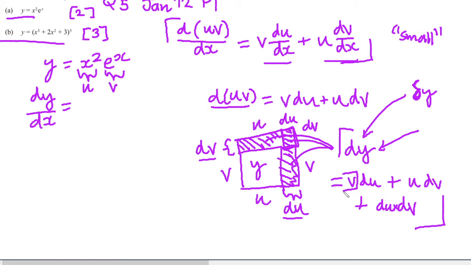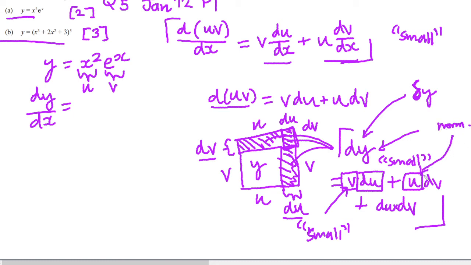So v is a typically sized number, like maybe 2 or 8 or 16, and du is a small number. So this is small. And at the same time, u is a reasonably normal sized number, and dv is small. So this number is small, this number is small, and this number is also small. So we're on the scale of small numbers here.